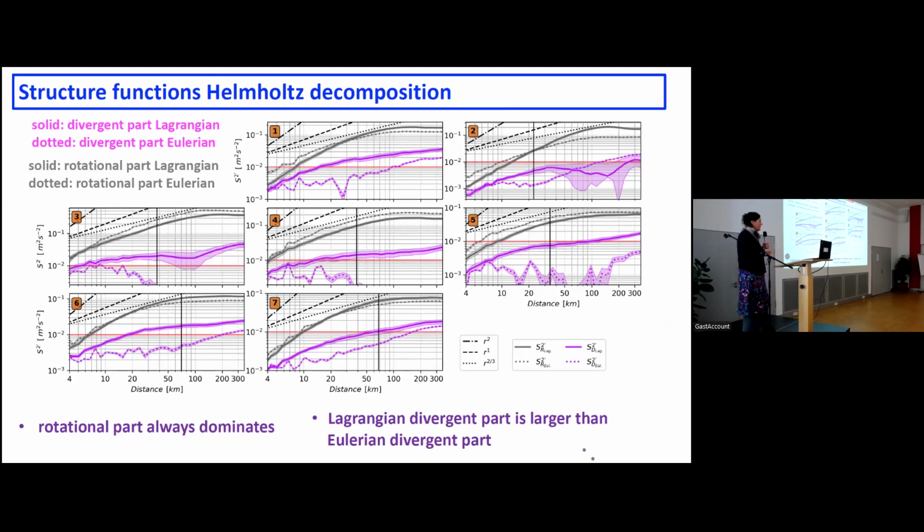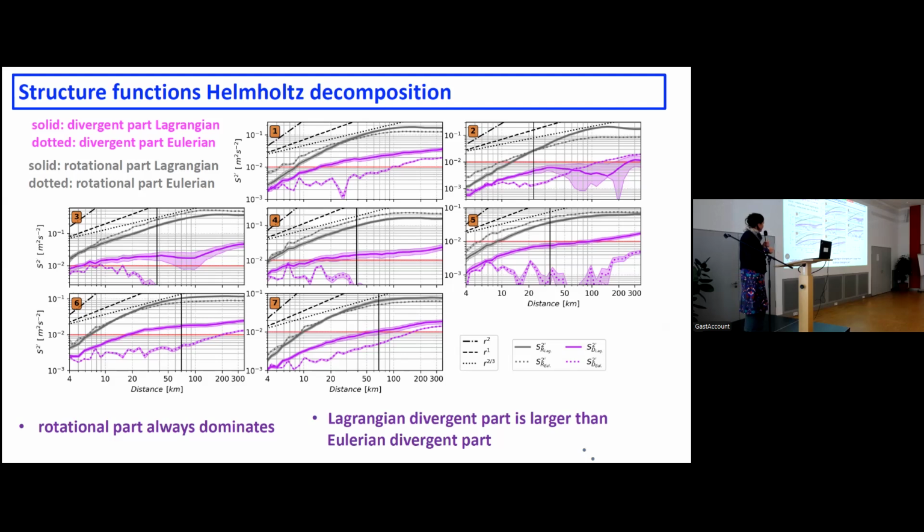Okay, to try to look at maybe some of the dynamics behind this: of course, the Lagrangian particles follow the flow, so they sample different regions than the Eulerian structure functions and spectra might sample. So we can look at a Helmholtz decomposition of the Eulerian and Lagrangian structure functions. This pink part is the divergent part, and this gray part is the rotational part. We see that the rotational part pretty much dominates at all scales in all of these boxes.